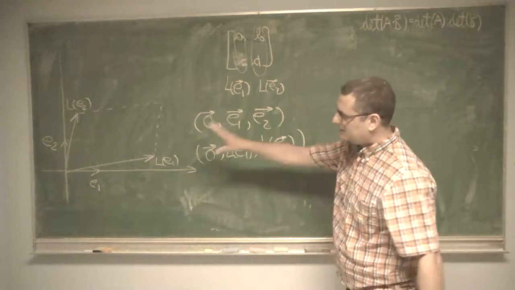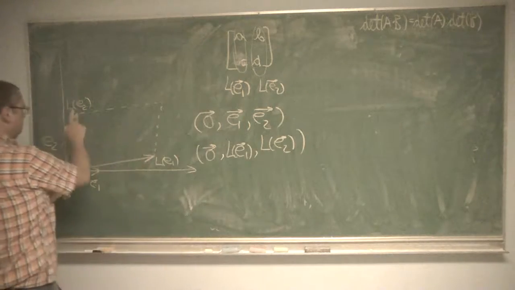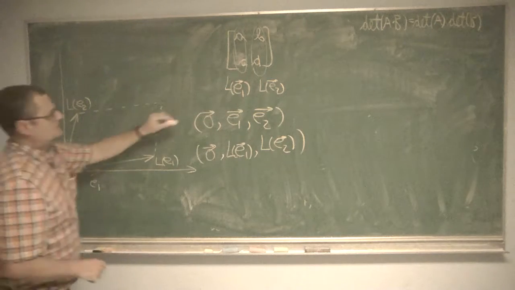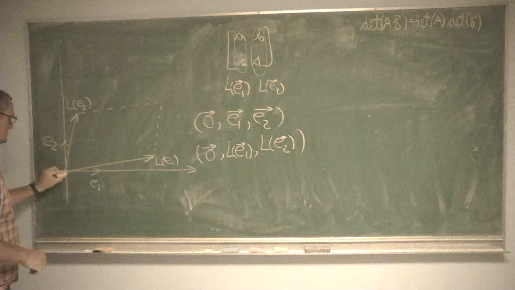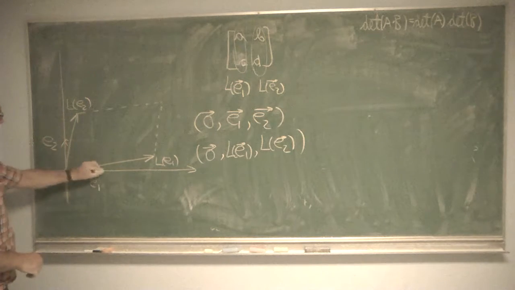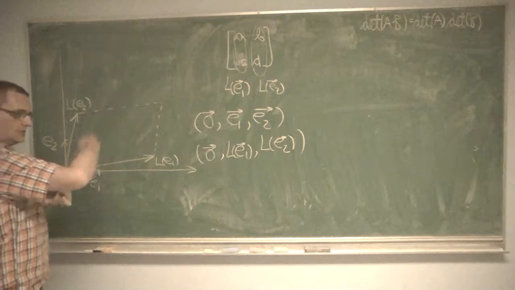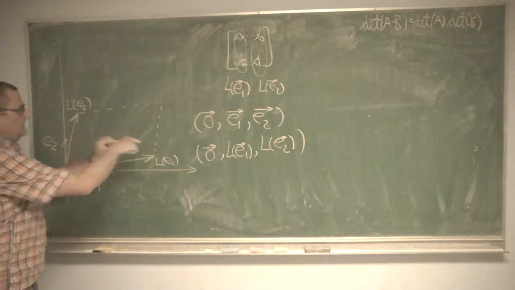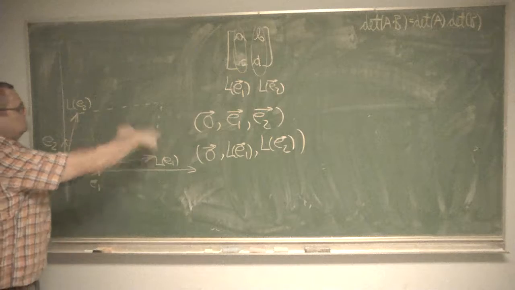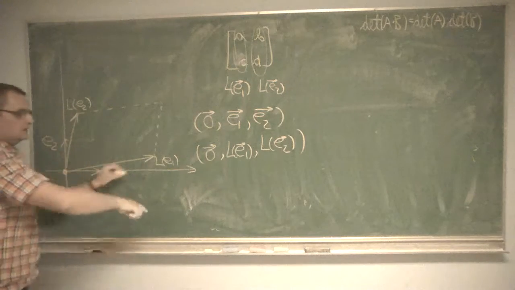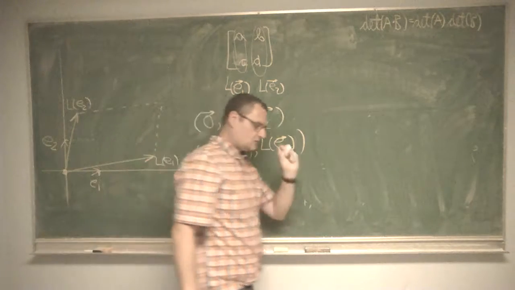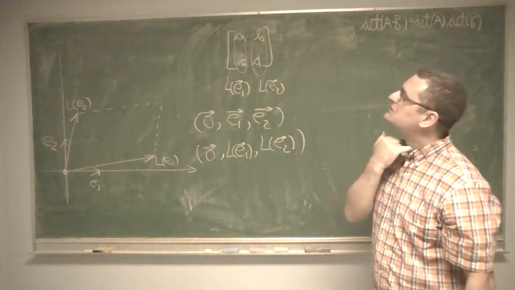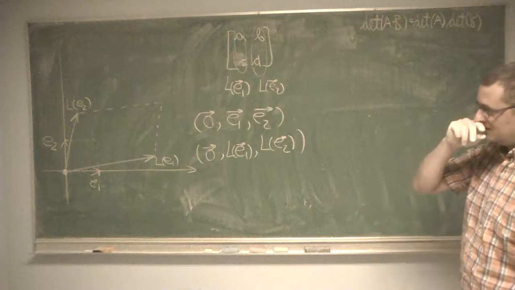Now, in this picture I did not change orientation. 0, E1, E2 is going counterclockwise, which we call positive orientation. And 0, L of E1, L of E2 is again going counterclockwise, so that is positive orientation. So I did not change orientation under this transformation L.